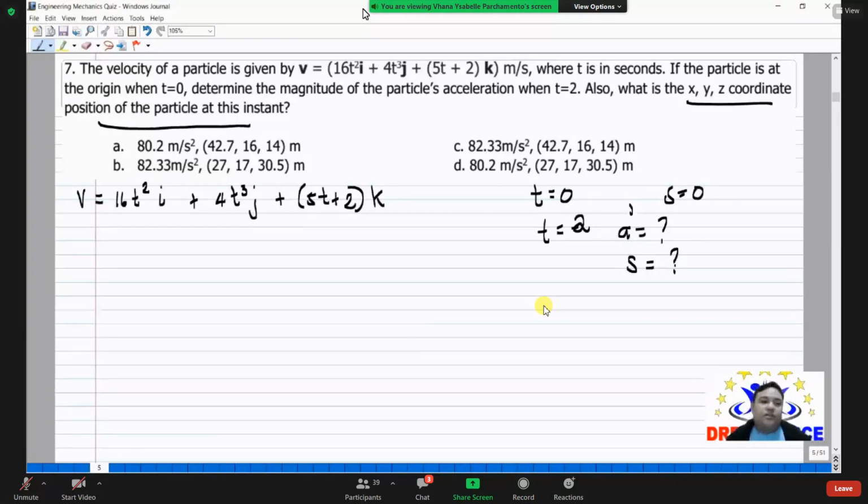So yung ating s. Unahin muna natin yung acceleration. So a is equal to derivative of v with respect to t. Ang gagawin lang natin dito is i-differentiate siya isa-isa, kasi iba-iba yung direction niya.